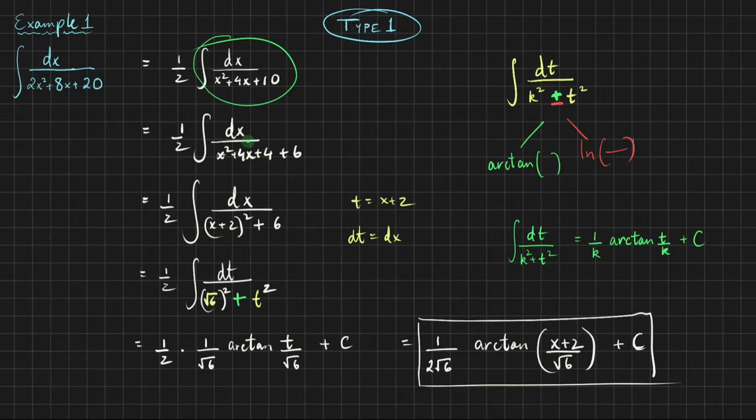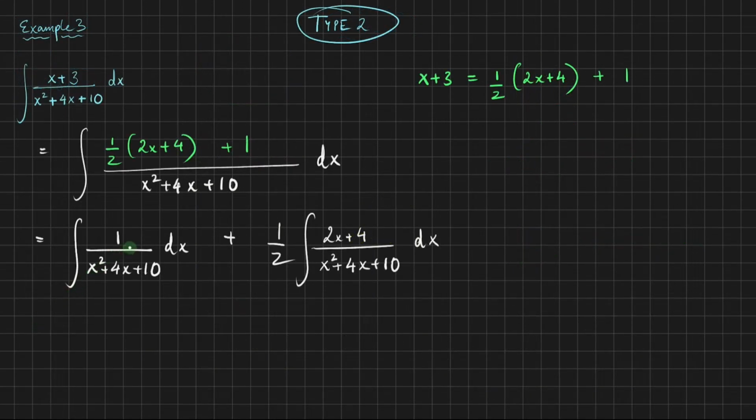And as we remember, the integral here was 1 over, well, there's no 2 here, but 1 over root 6, because there was a coefficient of half outside. This is 1 over root 6 arctan x plus 2 over root 6 plus c. I'm ignoring the 2 over here because there was already a half outside. And so we can evaluate this integral as 1 over root 6 arctan x plus 2 over root 6.